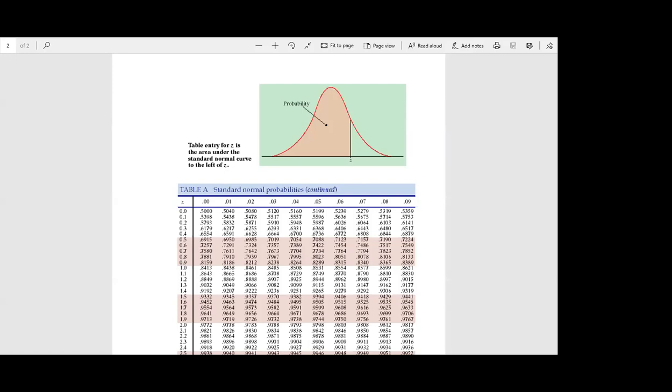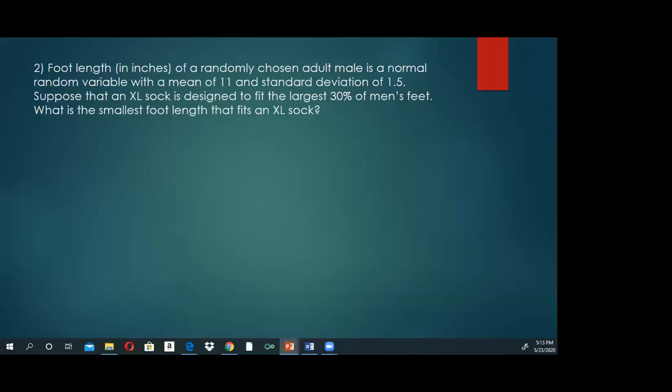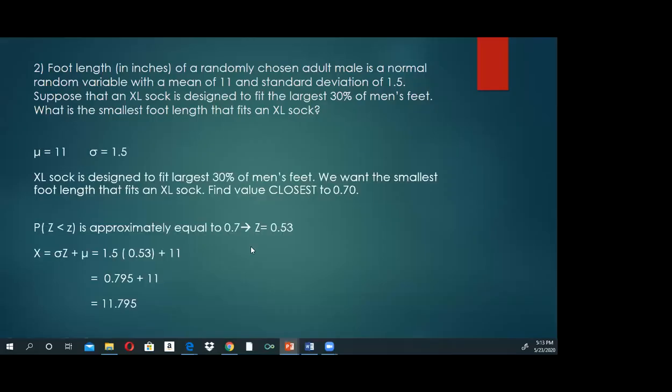So the Z value that we get from this is 0.53 because we read the table inside out. So our Z is going to be 0.53.